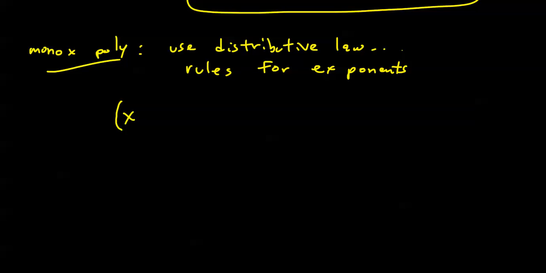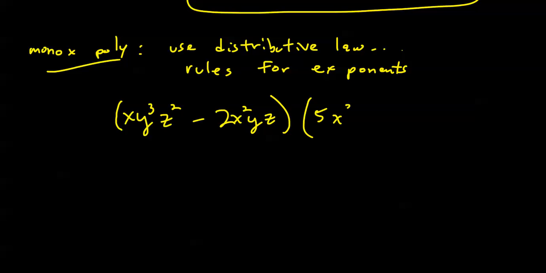Let's look at this one. This is a nasty looking binomial with three variables. Remember, it's a binomial because it's a sum or difference of two monomials. And I'm going to multiply this by a three-variable monomial.